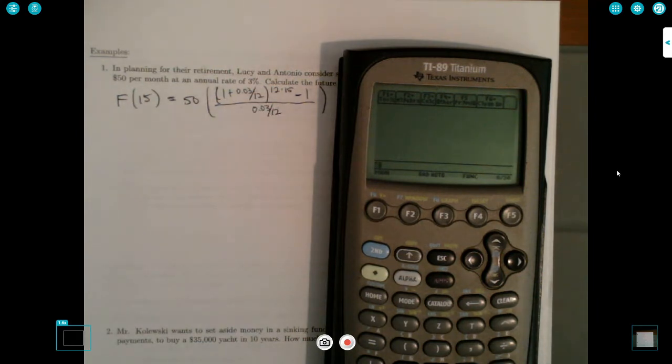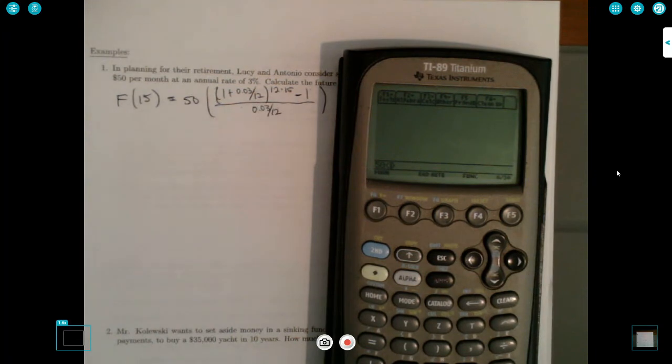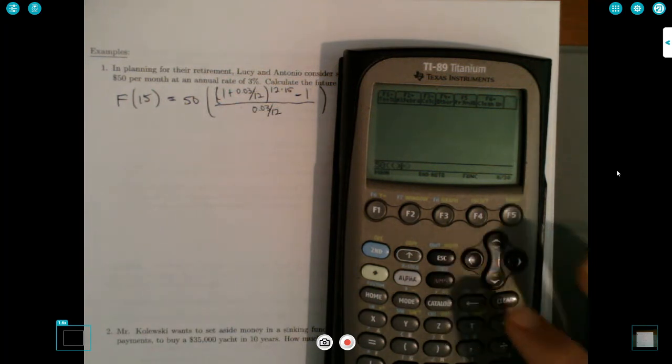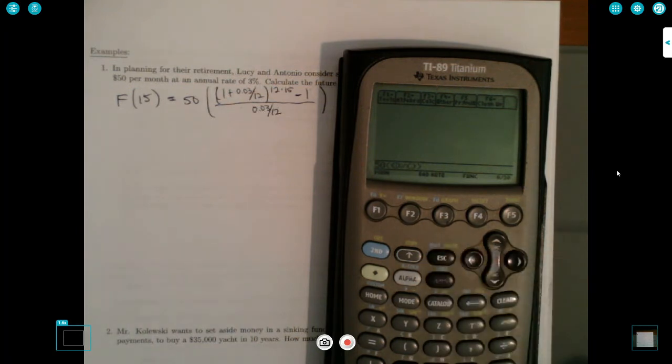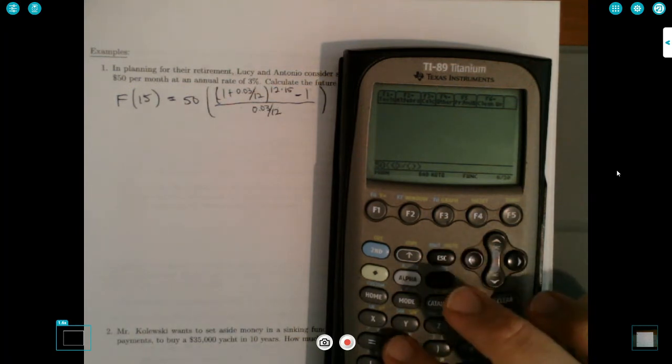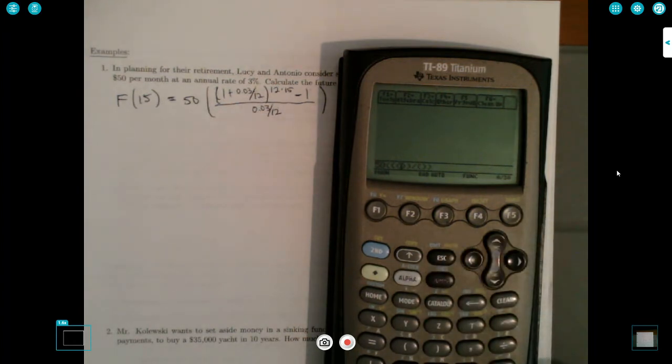So I'm going to do 50 times, and open up a set of parentheses. Then another set of parentheses for the numerator of this fraction, and another set of parentheses for the denominator of that fraction. So the numerator is going to be another set of parentheses: 1 plus 0.03 divided by 12.